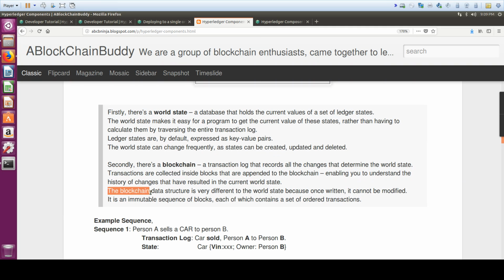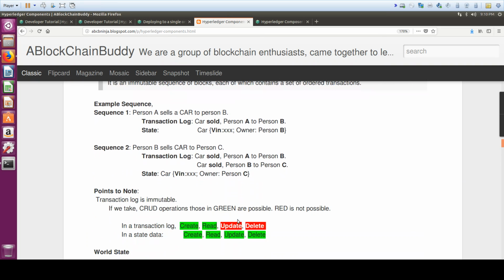The blockchain data structure is very different from the world state because once written, it cannot be modified. It is an immutable sequence of blocks, each of which contains a set of ordered transactions.